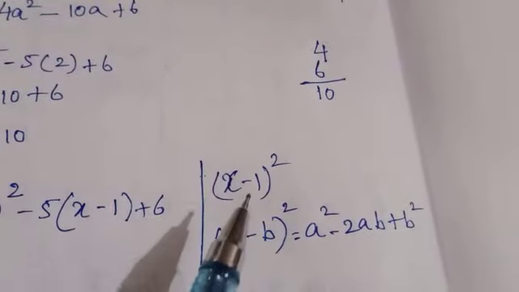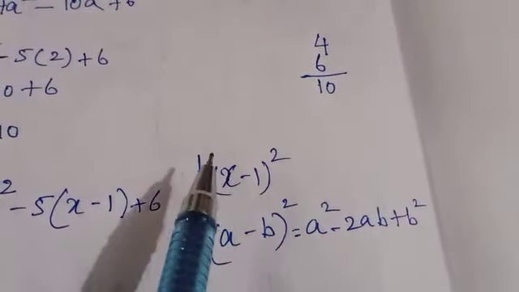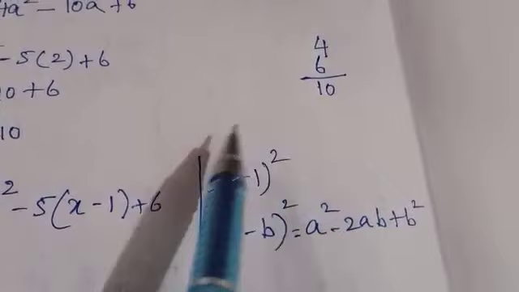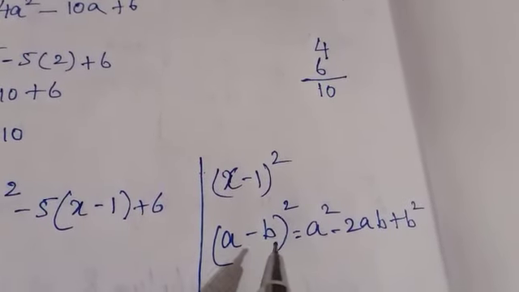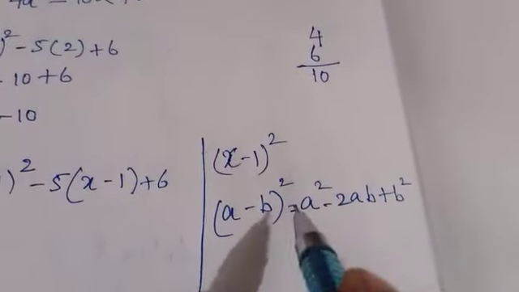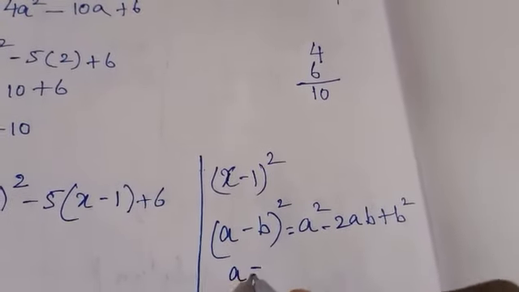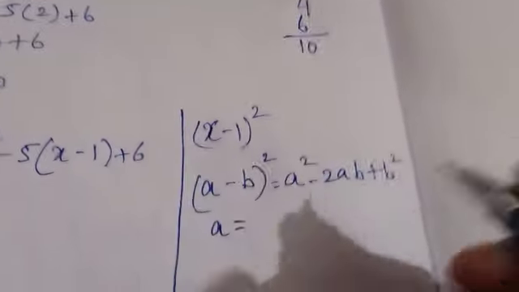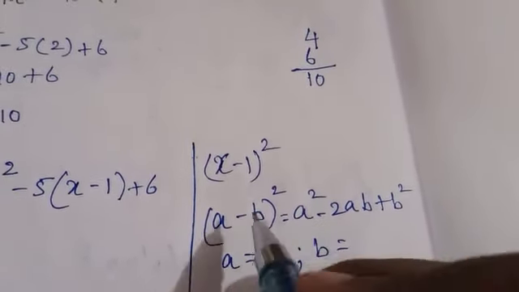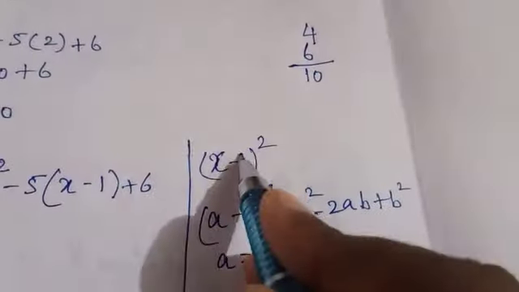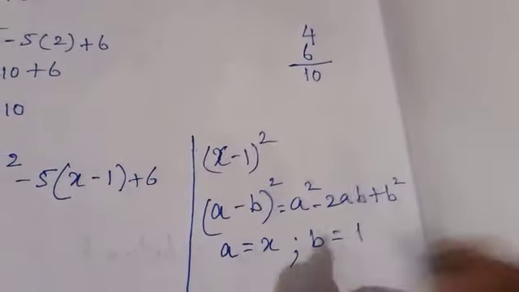So we are going to split it using the formula. Here a is equal to x, in the place of a we have x, and b is equal to 1, in the place of b we have 1.